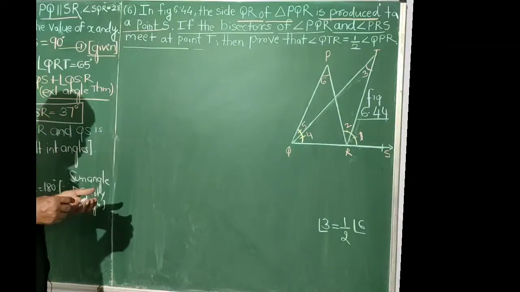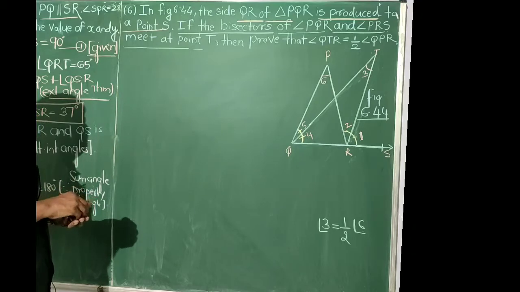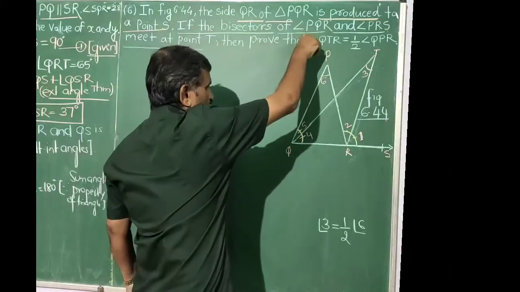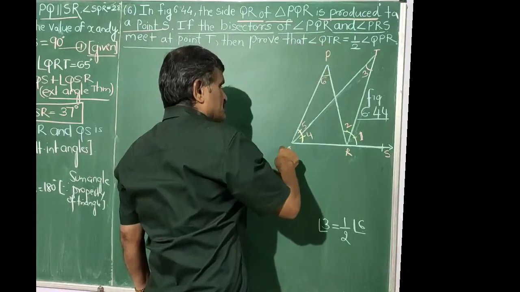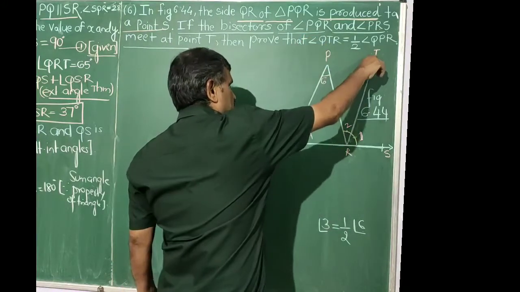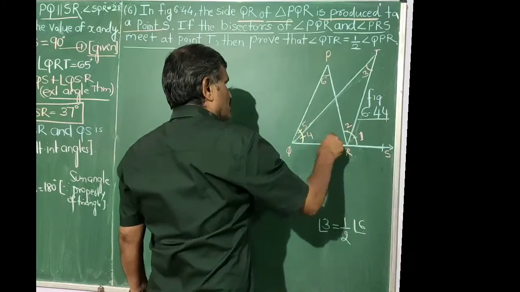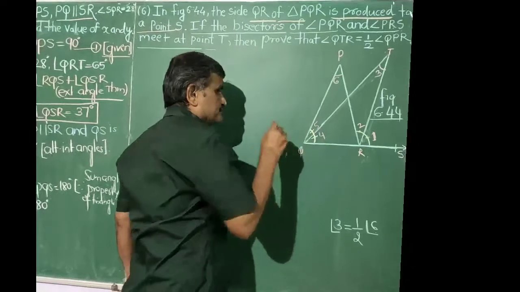Now let me come to the point one by one. The first thing that is given to me is the bisector of angle PQR. You see, PQR is the angle here and this is the bisector. So QT is the bisector of PQR and therefore these two angles are equal.